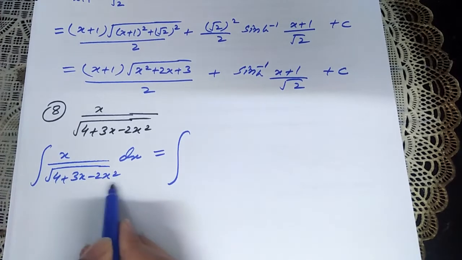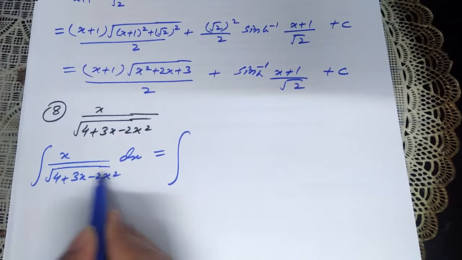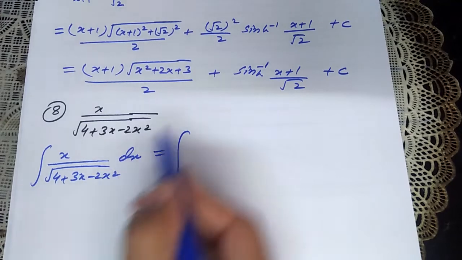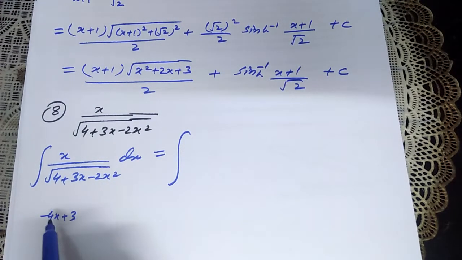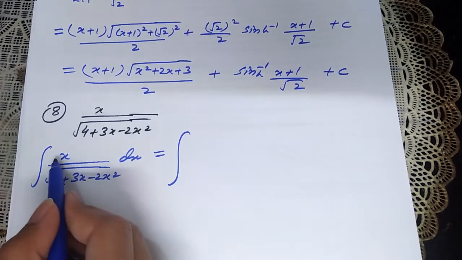If I take the derivative of this denominator inside the under root sign, you see that you will get here what? Minus 4x plus 3. I can make the same thing here in the numerator.